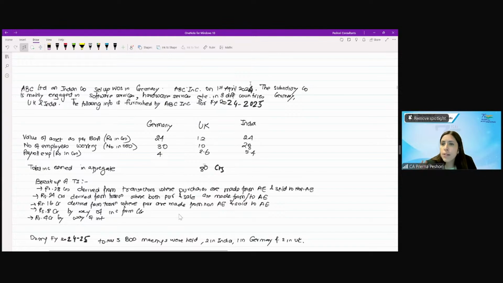So less than 50% of employees are in India, less than 50% of assets are in India, right? What about the payroll expenditure test? Whether that is also satisfied?